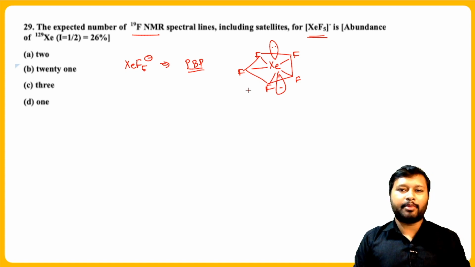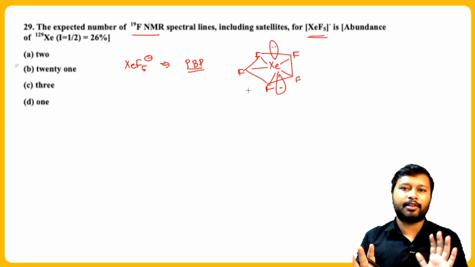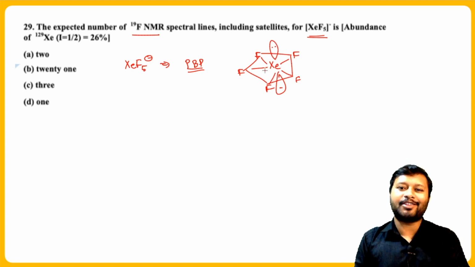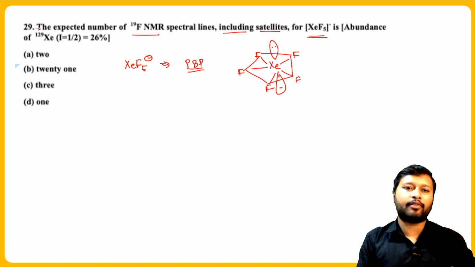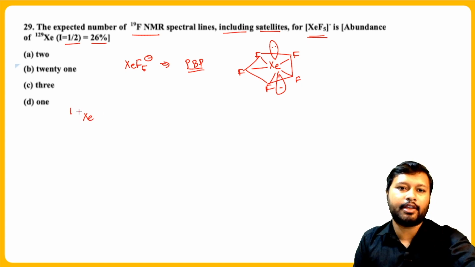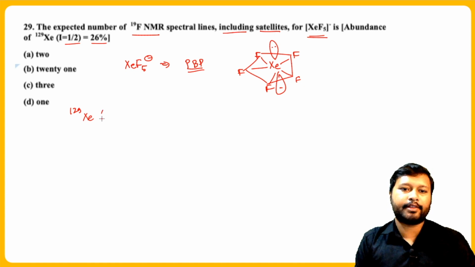What does that mean? It means we have only one type of fluorine in the molecule. All the fluorines are equivalent, and who is going to split these fluorines? Xenon is going to split them. In the question itself, they have said that you have to include the satellites. They have also given the data that xenon 129 is one of the isotopes which has I value half and is 26% abundant. So we have xenon 129 with I value of half and abundance of 26%.